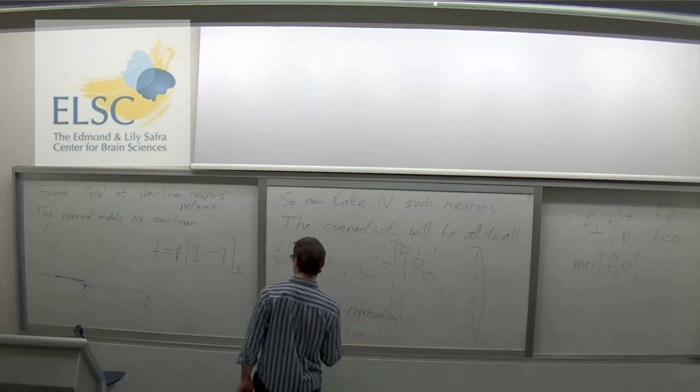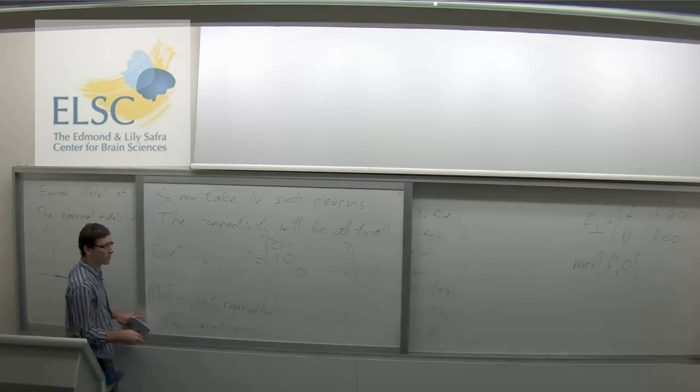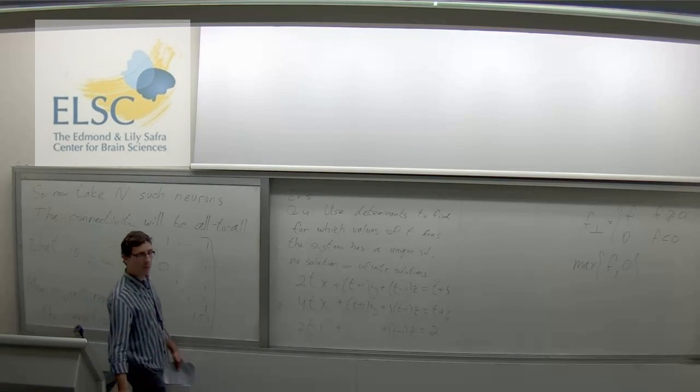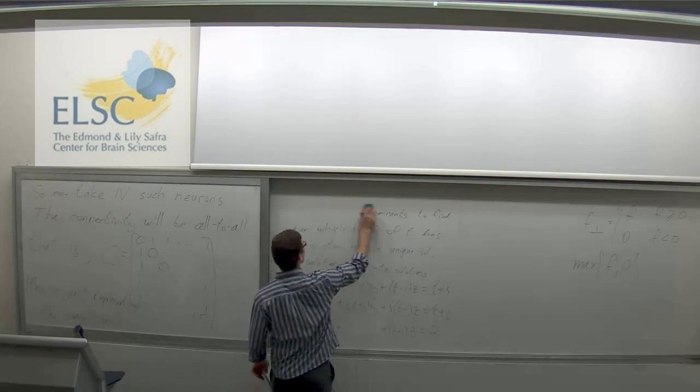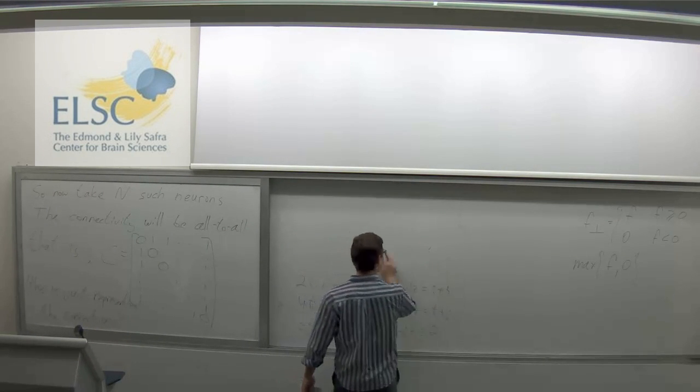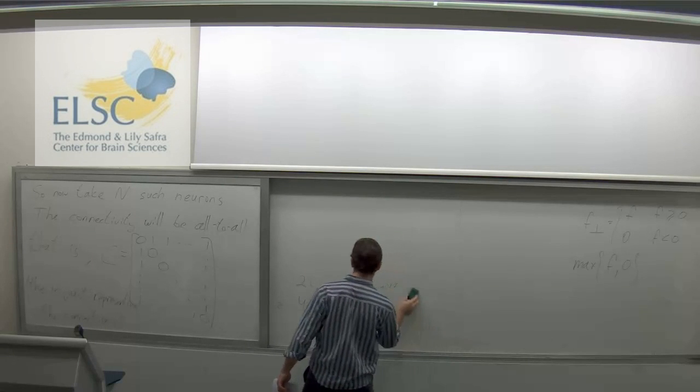So now we want to represent by C the connectivity strength, and it's also going to be uniform for all neurons, and it's going to be in a way that it all sums up to 1.